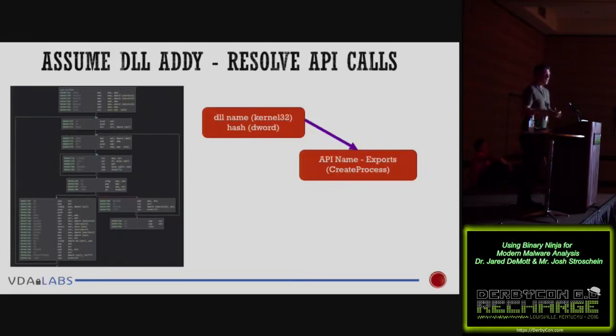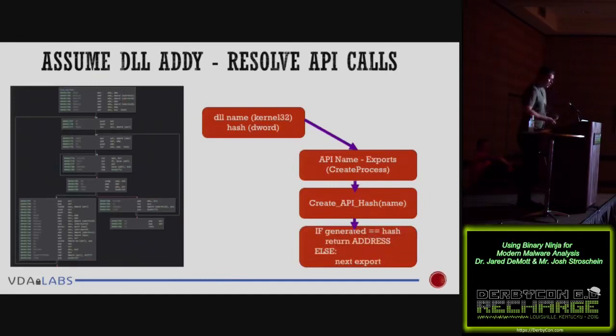As it gets to the end of the name, the end of that string, then it has the hash. That hash is then compared to one of those that is hard-coded, and if the hashes are the same, then it returns the address. So it's found the address of the export that it wants to call. If not, it continues on, and it does this for every single hash that it's looking for, resolving those as it goes.